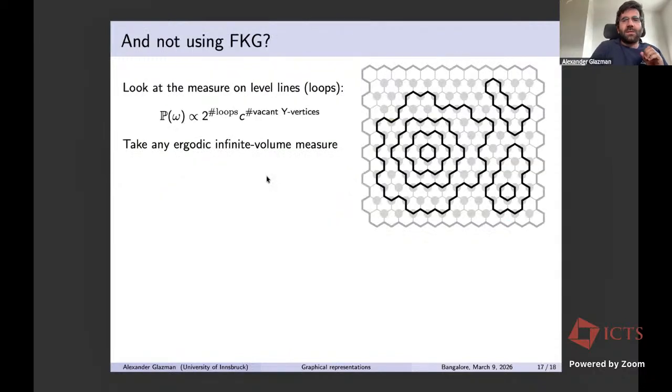So now what we look at is the following object. We look at any ergodic infinite volume measure, and we forget about heights. Now we don't have heights. We have only level lines.